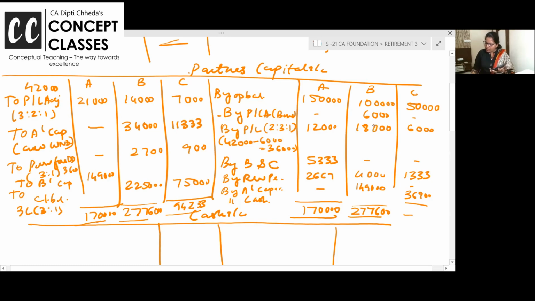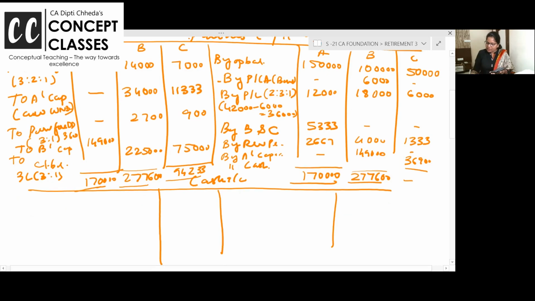Please do the total account, and if you are getting any difference, tell me. 1,06,000 plus 18,000 plus 4,000 plus, okay, now even I got it. 2,77,000 is the total.